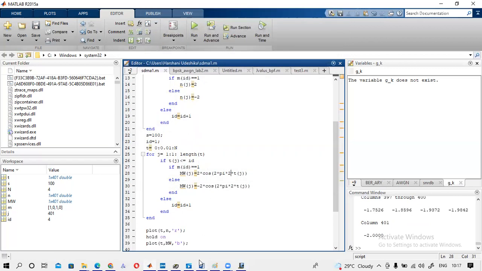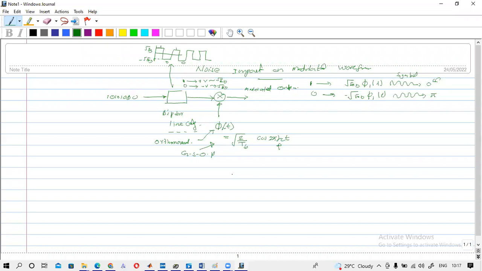Now you know that this signal will be transmitted. This plus root TB cos(wt) or minus root TB cos(wt) will be transmitted through air.